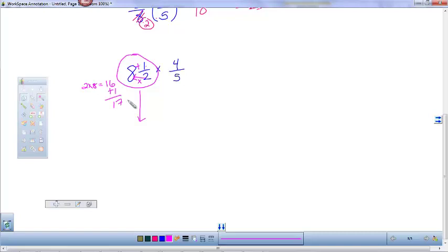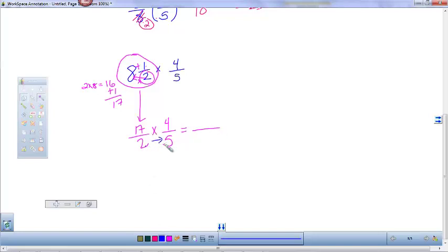And you get 17 over 2, because that's the bottom, times 4 over 5. Now you can do these different ways also, but I'm going to do it the direct way first.